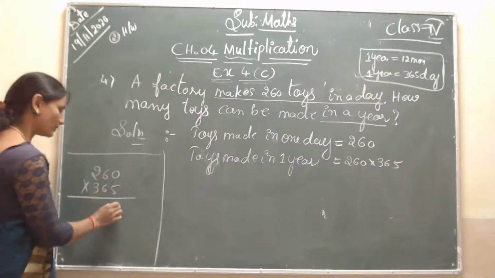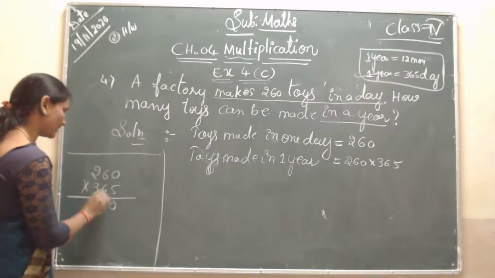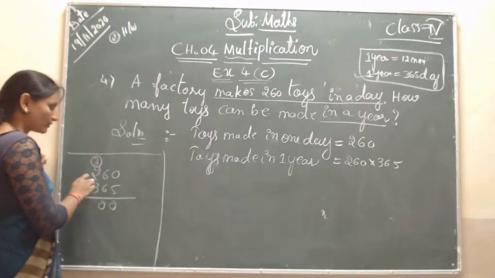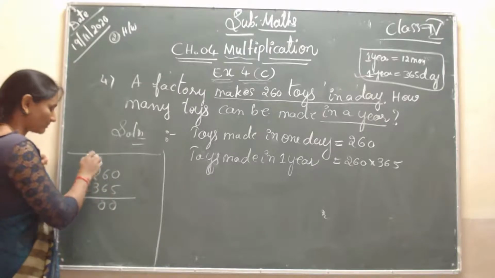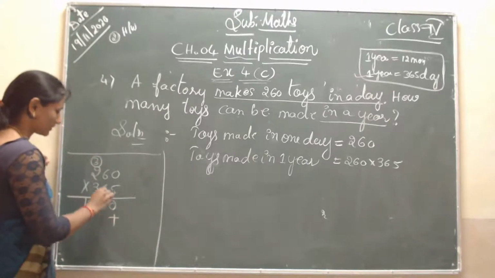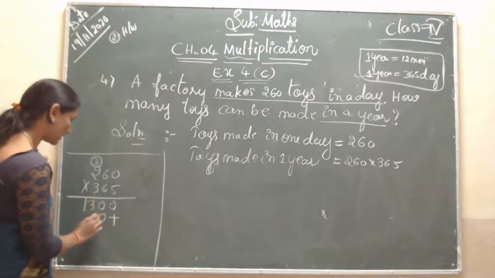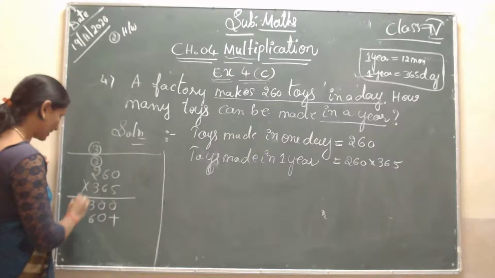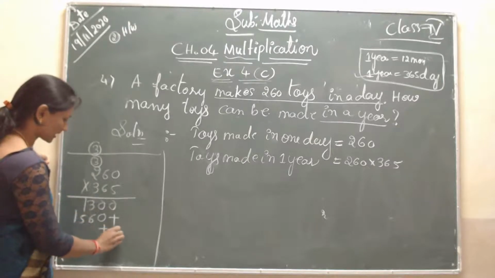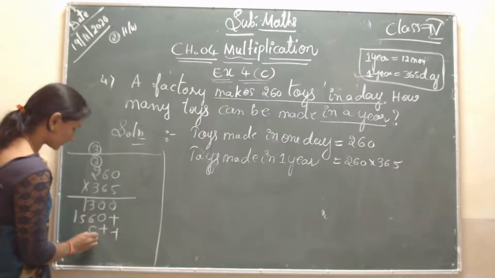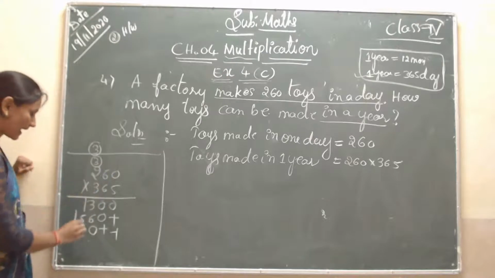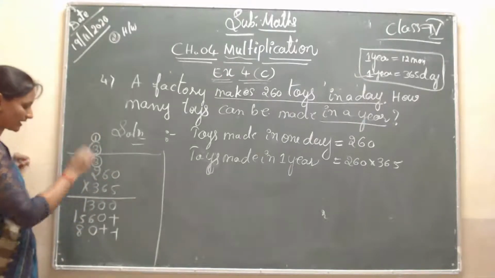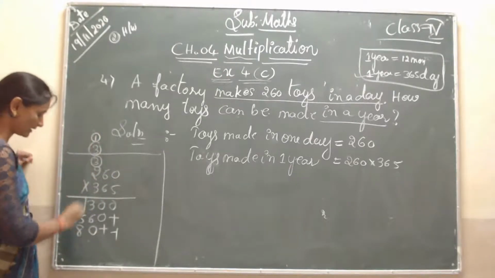So 5 into 0, 0. 5 sixes are 30, so we have 3. 5 twos are 10, 10 plus 3, 13. Next, 6 into 0, 0. 6 sixes are 36, we have carry. 6 twos are 12, 12 plus 3, 15. Next, 3 into 0, 0. 3 sixes are 18, so you write one carry. 3 twos are 6, 6 plus 1, 7.